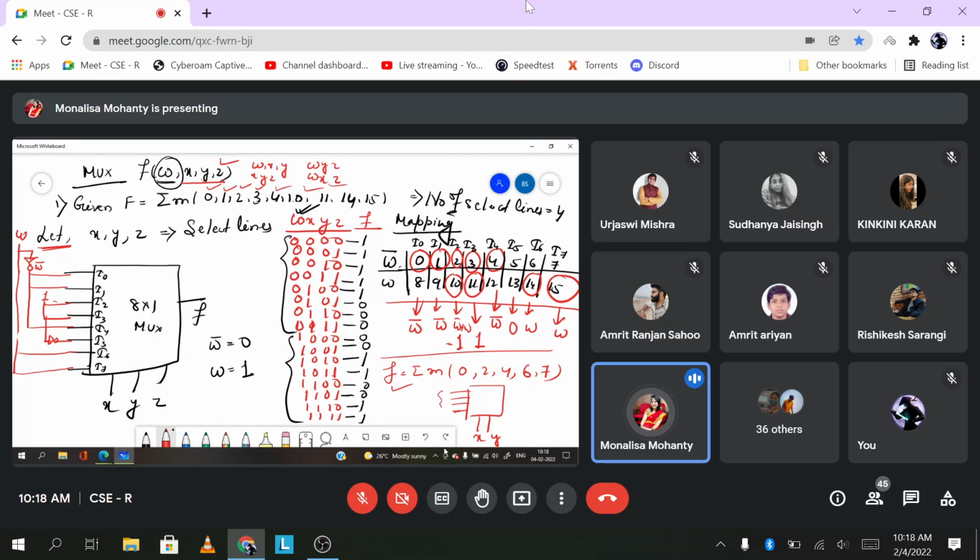So what are the values? Options are like 0, 1, 0, 1 or 1, 1, 0, 0 or say W bar or say W, like this. Four possible answers are given. So you won't have this large an example, but yes, small examples like this you will have.